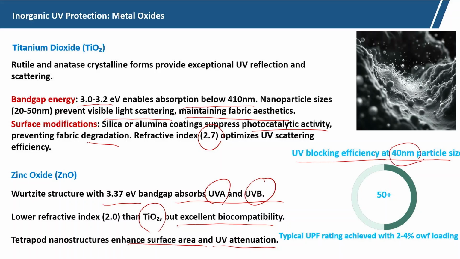With 40 nanometer particle size, it is 50 plus, which is very good, and the typical UPF rating is achieved with 2 to 4% loading on the weight of fabric. So, if we apply 2 to 4% on the weight of fabric, we can achieve 50 plus UPF, the excellent grade, by applying the zinc oxide nanoparticle or titanium dioxide nanoparticle.